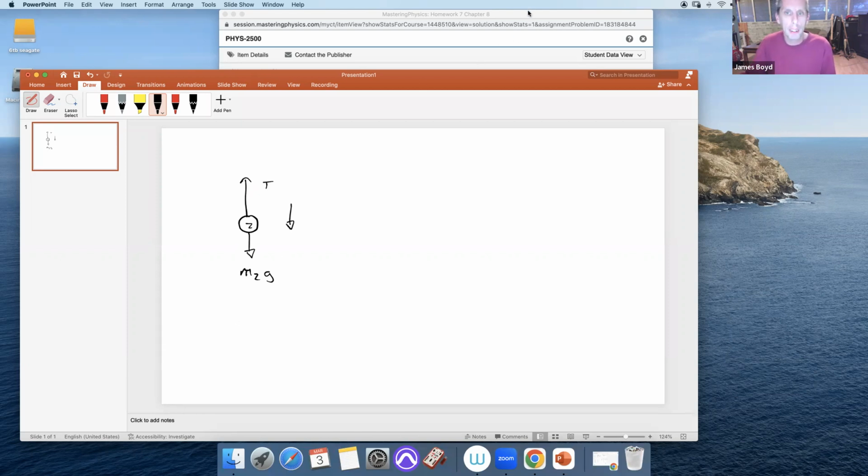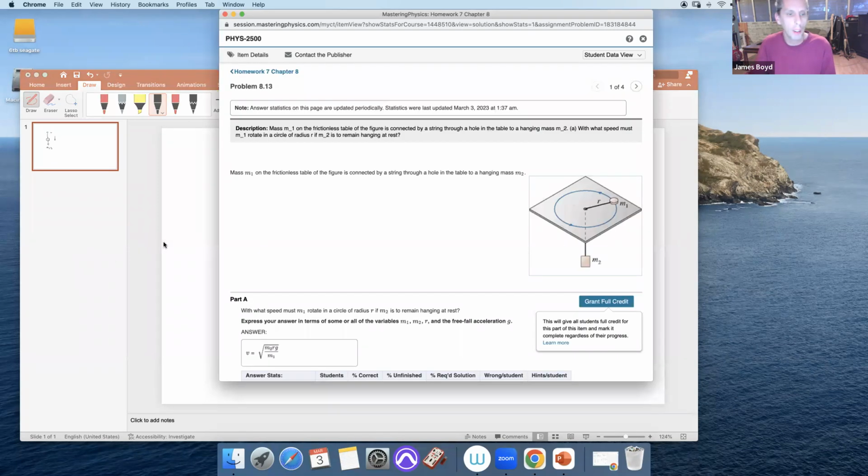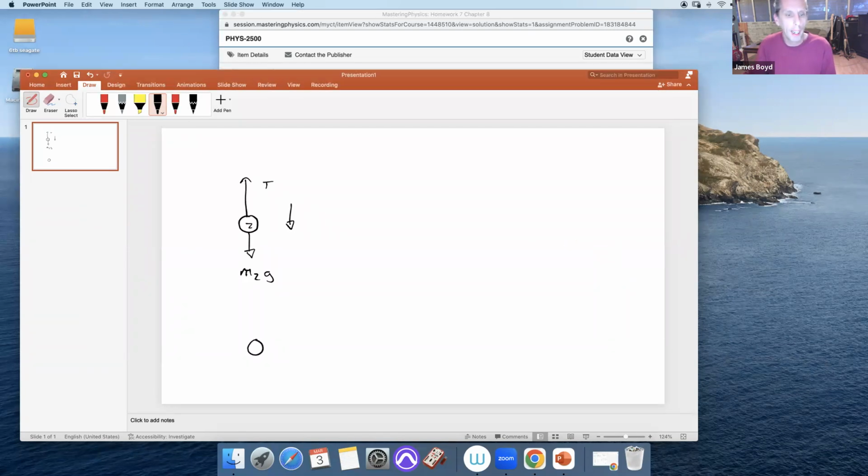The one that's spinning around has a normal force and a weight, but it's also being pulled that way by a tension. And it also has an acceleration, but this is actually a_rad.